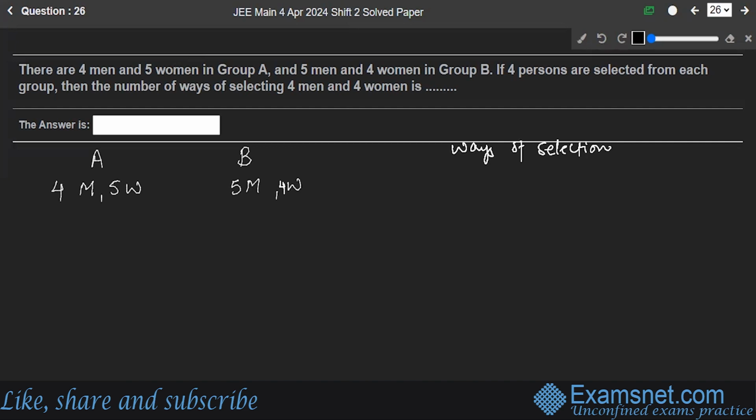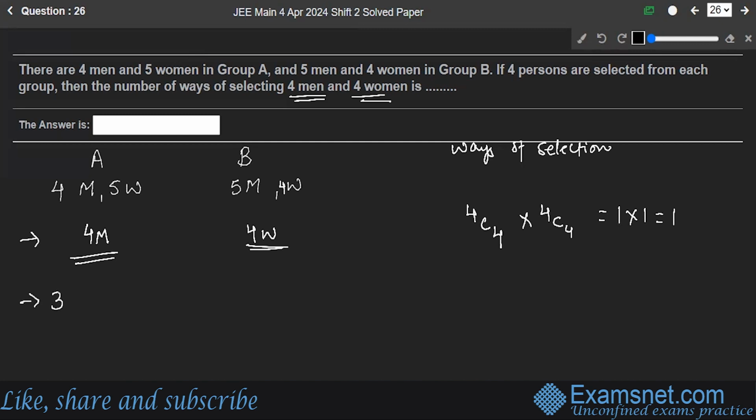of selection. See, what you have to select, 4 persons are selected from each group, then the number of ways of selecting 4 men and 4 women is. So let's say the first one, that 4 men are selected from the group A and 4 women are selected from the group B. So this makes it possible in 1 way, because 4 men are there, out of 4 you have selected 4, into 4 women are there, out of those 4 you have selected 4. This is equal to 1.